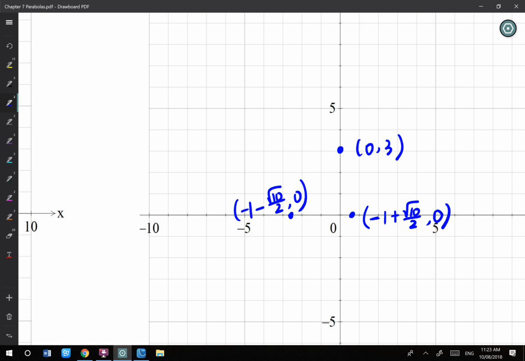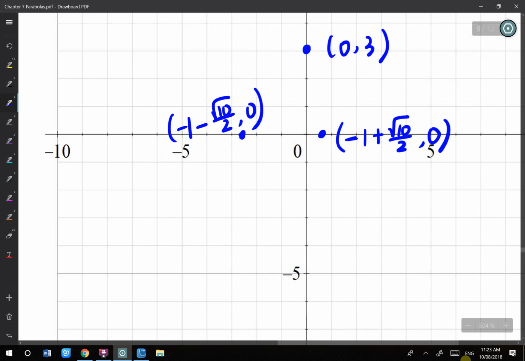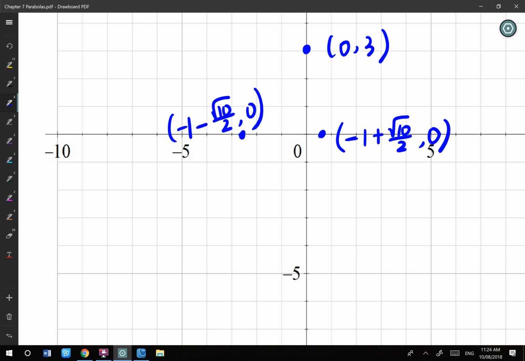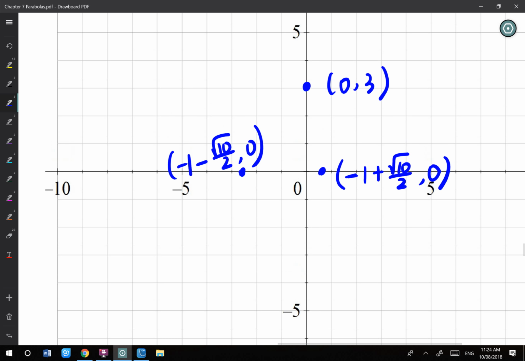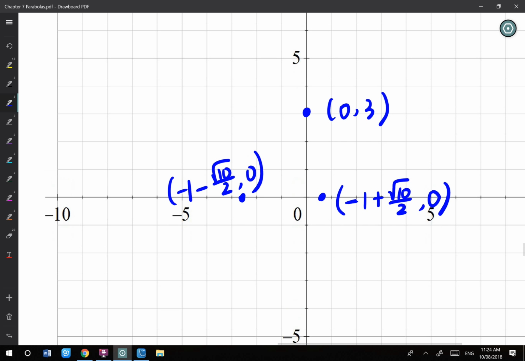It'll be a really nice value. Look at the two numbers: minus 1 minus root 10 over 2, and minus 1 plus root 10 over 2. So where's the middle? Minus 1. If from minus 1 you go to the right this much, and to the left this much, minus 1 will be the middle. So I can see the middle quite easily.